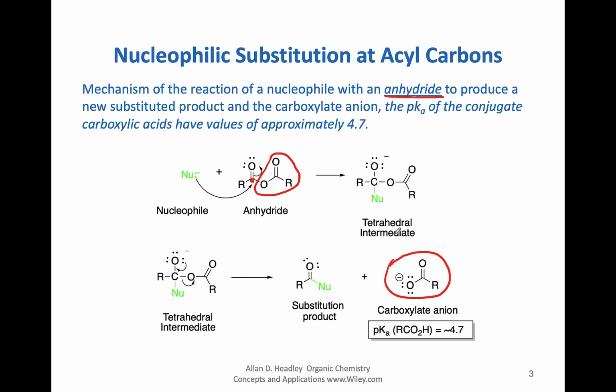It is a weak base because its conjugate acid, carboxylic acids, have pKa's in the region of 4.7, which means that this is a pretty strong acid, not the strongest of acids, but a fairly strong acid, which means that this is a good leaving group.